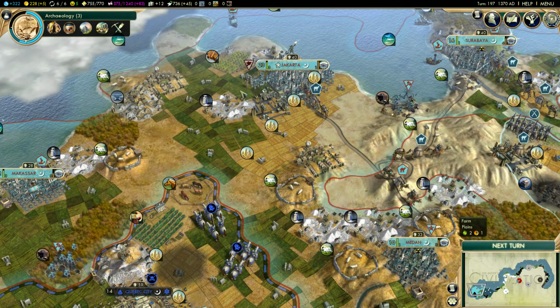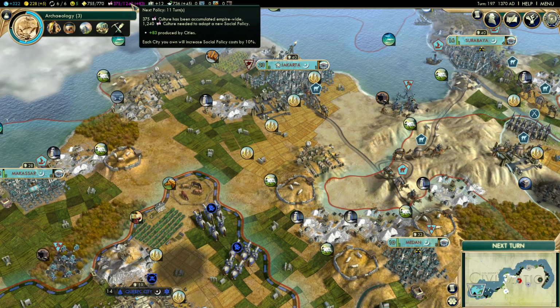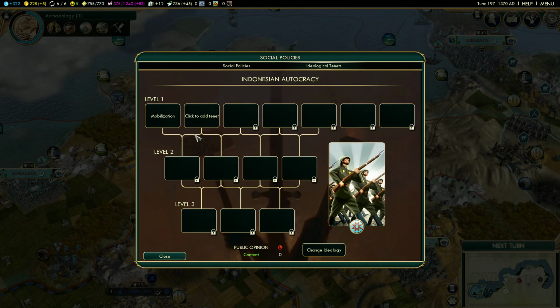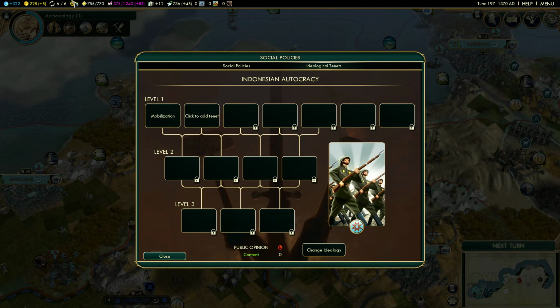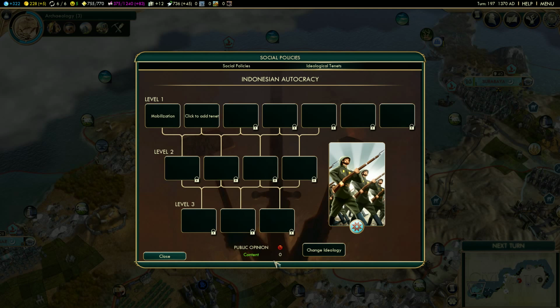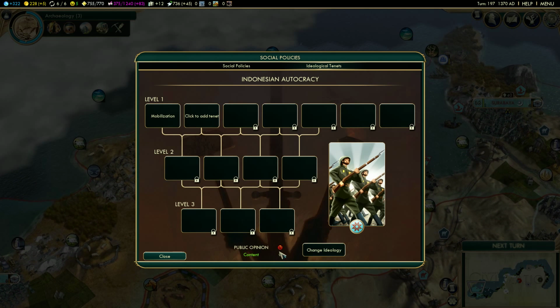Gaining happiness, there are multiple methods, but when choosing an ideology, unlike what I just did now, it's almost always best to go with a few happiness policies early on if you think that your influence will become an issue. Because this public opinion can be minus whatever, as long as you stay happy, it's not really a problem. It will not affect you in any way other than just reducing your global happiness.